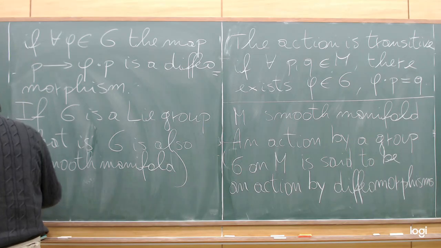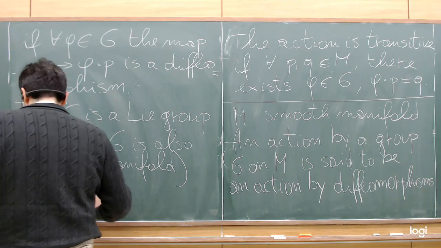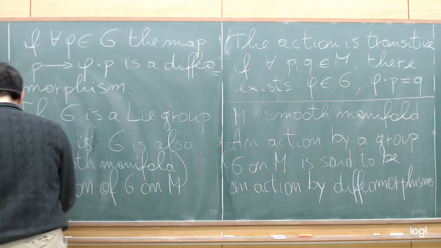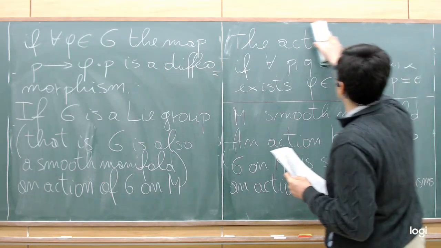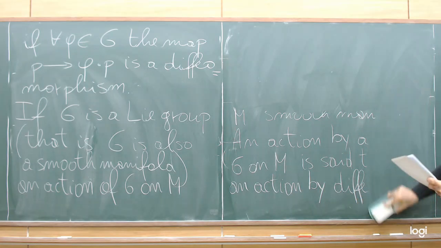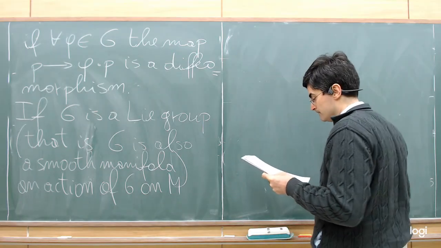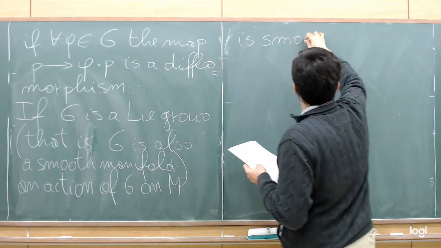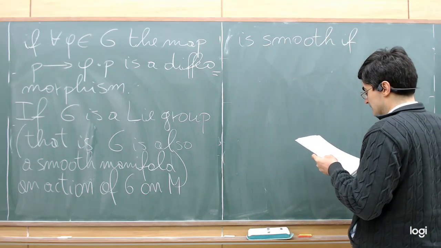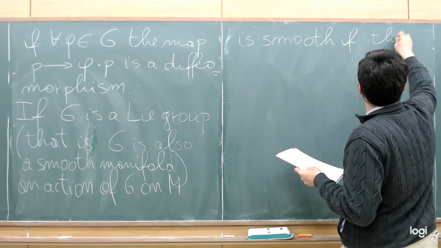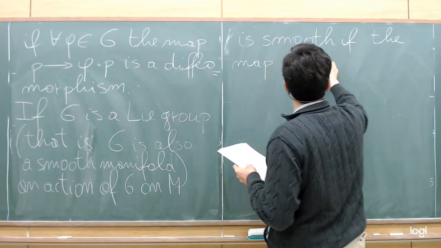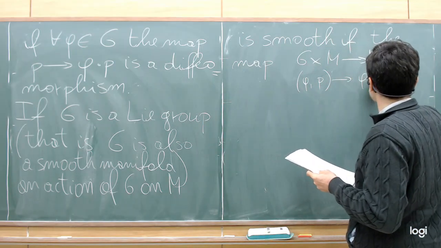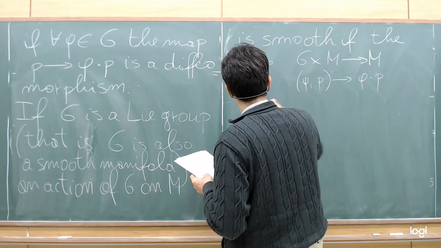An action of G on M is smooth if the map (phi, p) goes to phi dot p is smooth.